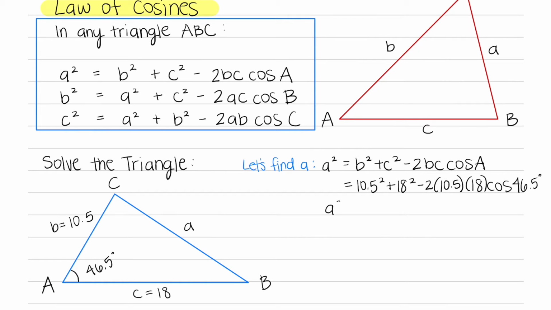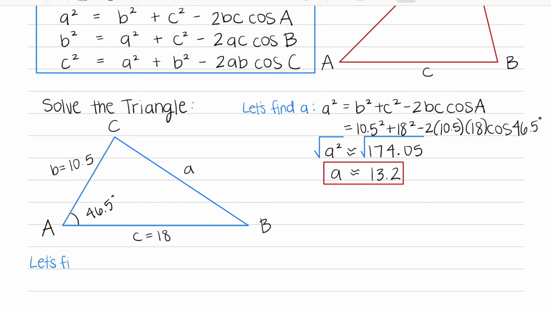So we have a squared is approximately, and if we plug that all into the calculator, we get 174.05. So to solve for a, we'll just square root both sides to get rid of that square. So a is approximately 13.2.